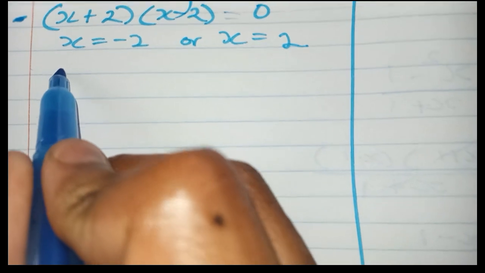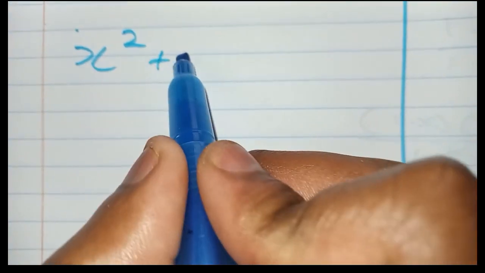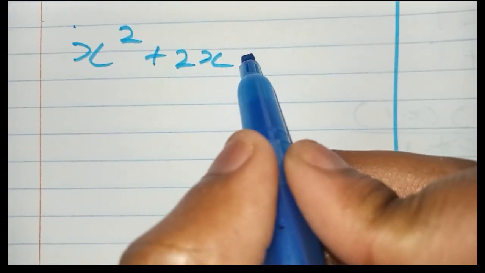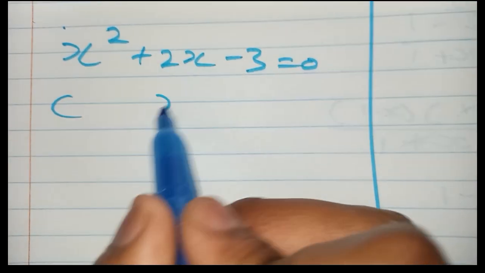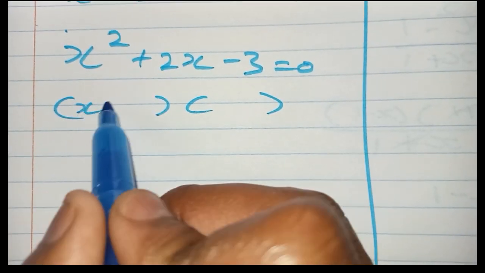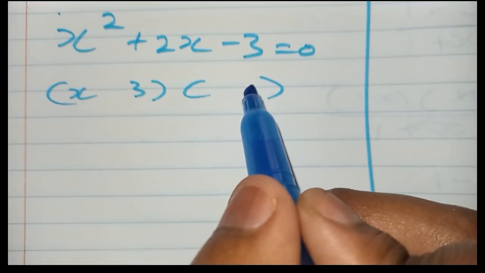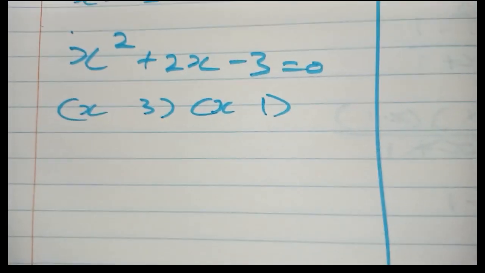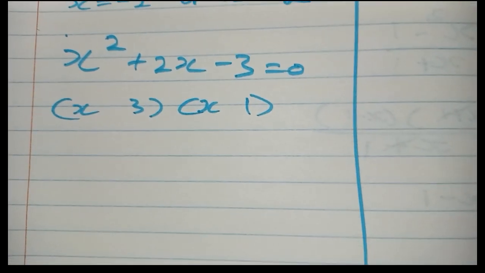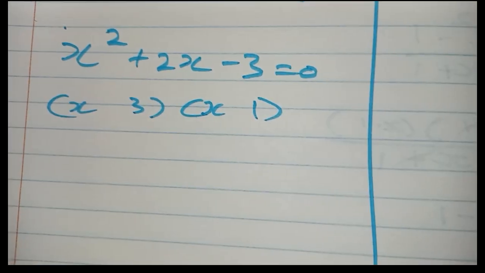And you can also have something like, I think I've done this before. x squared plus 2x minus 3 is equal to 0, right? You can factorize this by just saying x 3 and x 1. And I told you guys that the bigger number takes the sign of the middle term.